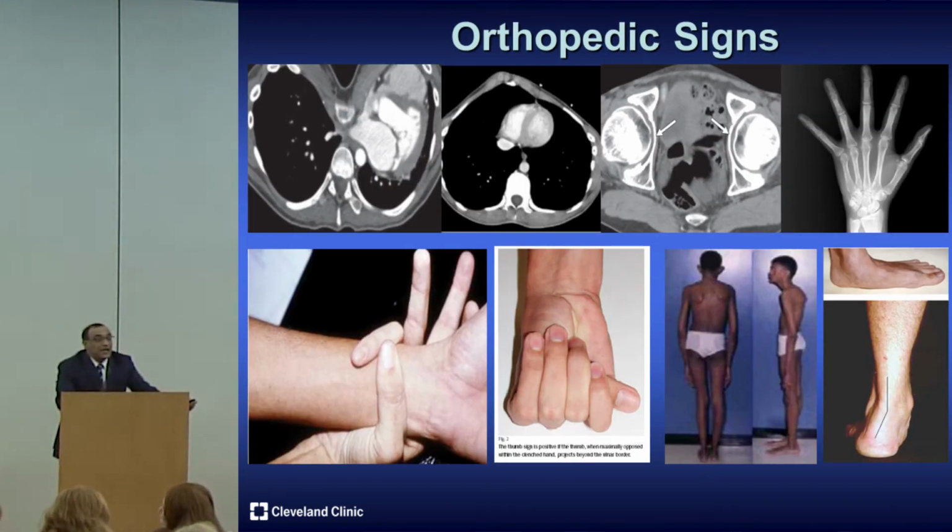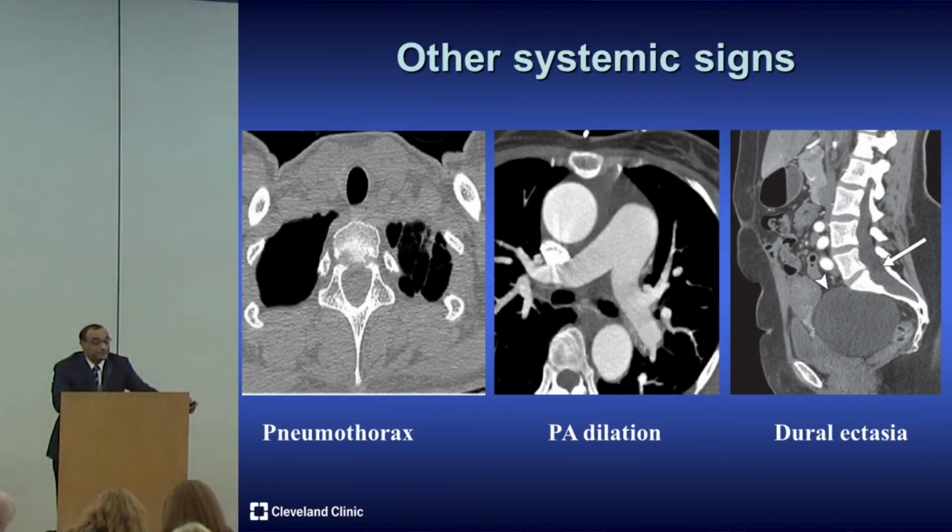Some of the orthopedic signs that you can see from imaging are lung findings, bony findings, and chest wall findings, where the chest is narrow, with compression in the center or expansion in the center.